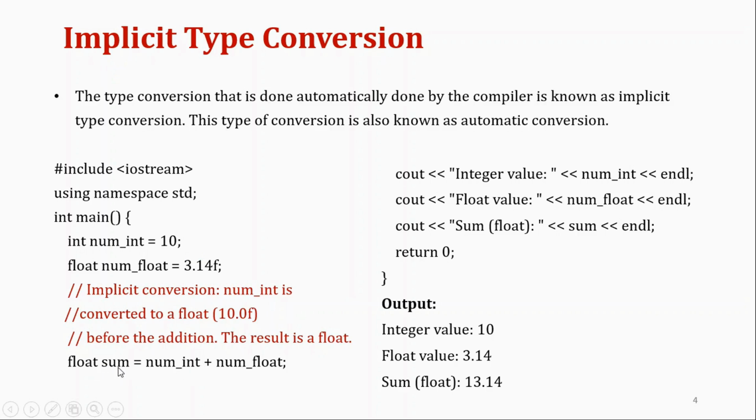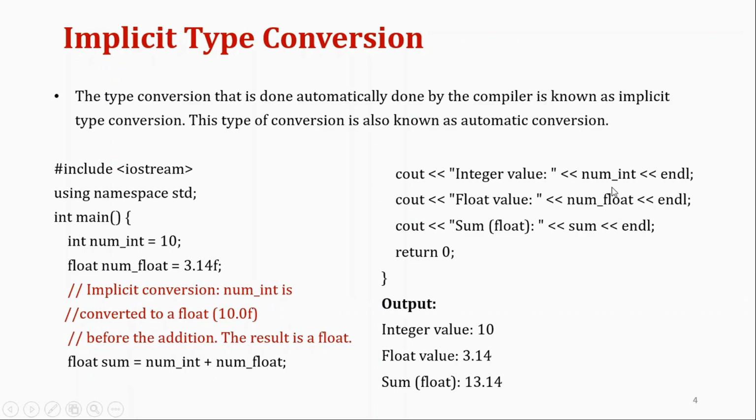Sum is a float type, sum equal to numInt plus numFloat. In this line, the compiler will convert numInt to float, and numFloat is by default float. So both are float, and both are added, and the result is stored in sum.